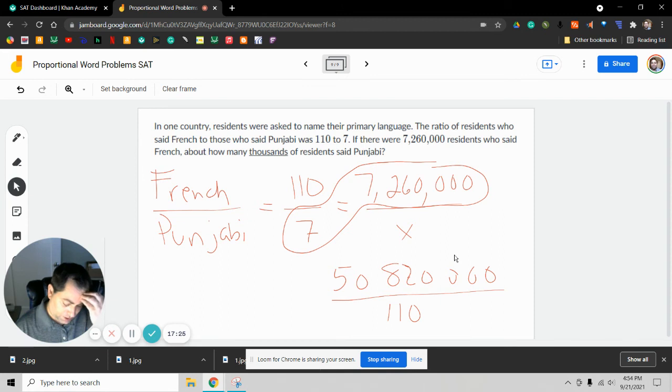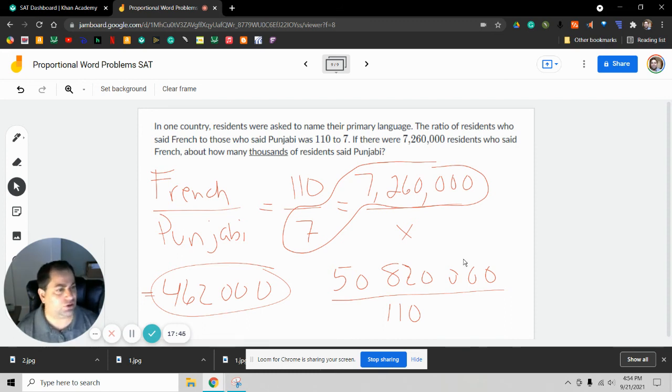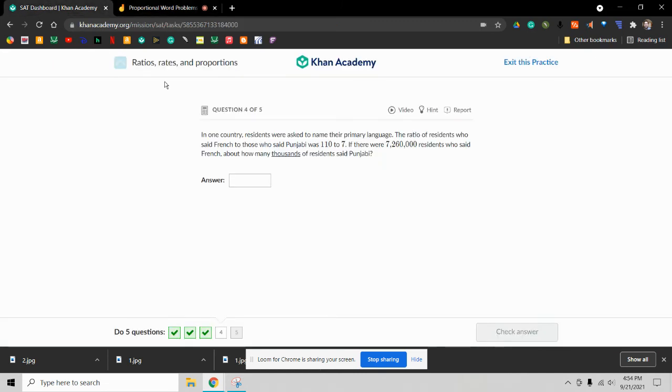That's going to go in about 462,000. So 462,000 is the number of Punjabi residents. They said about how many thousands. So notice they underlined thousands here. So they want you to just give the answer in thousands. So we will give the answer of 462, and that will give us the correct answer.